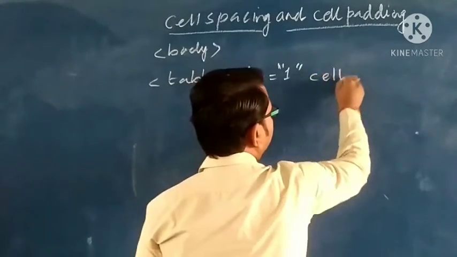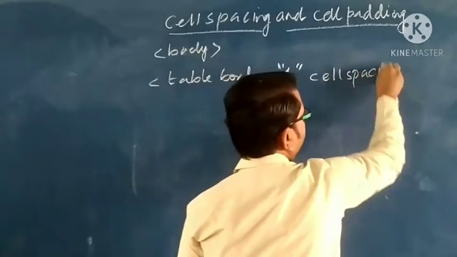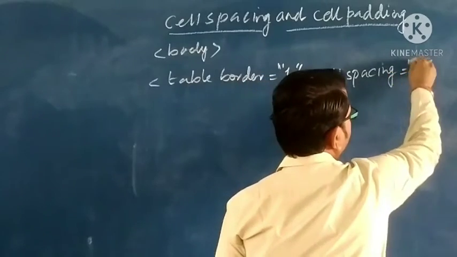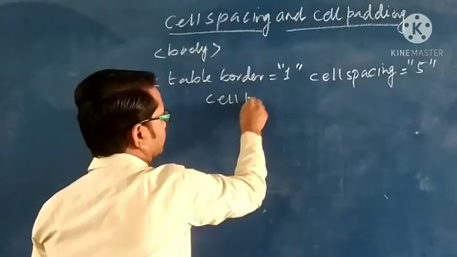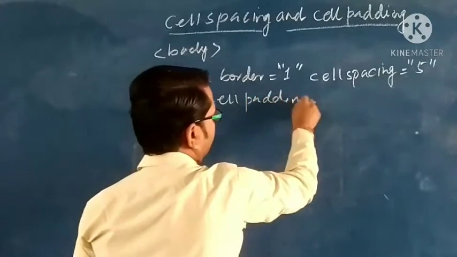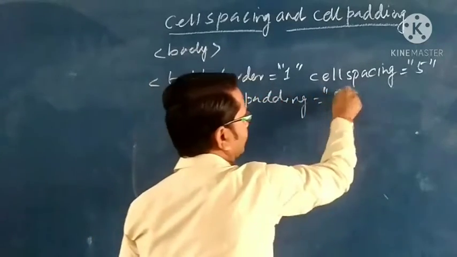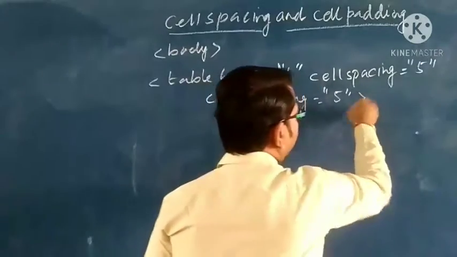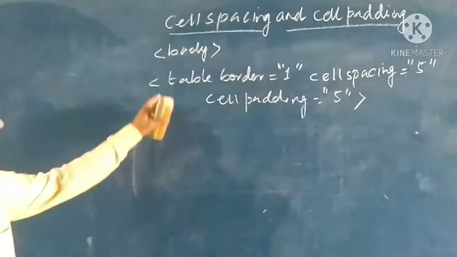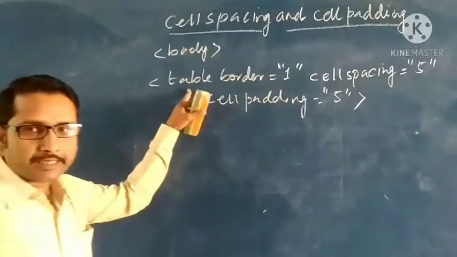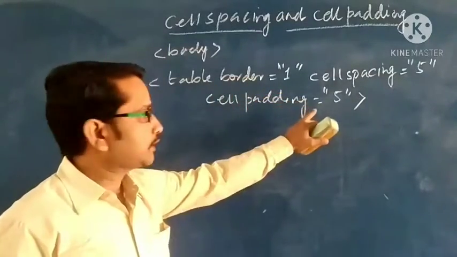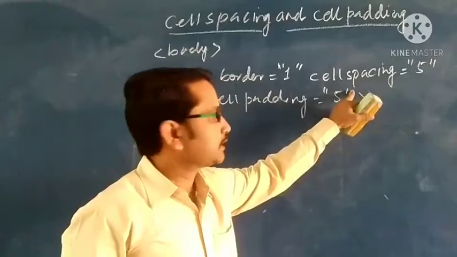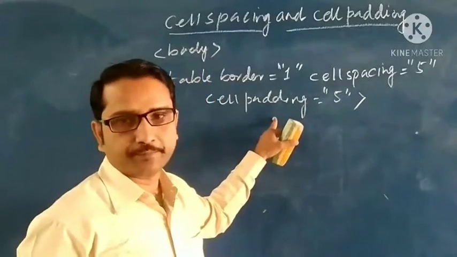Now cell spacing, here we can write cell spacing equals to 5, and cell padding also equals to 5. So in this way, in the table tag we have to give the attributes cell spacing and cell padding.